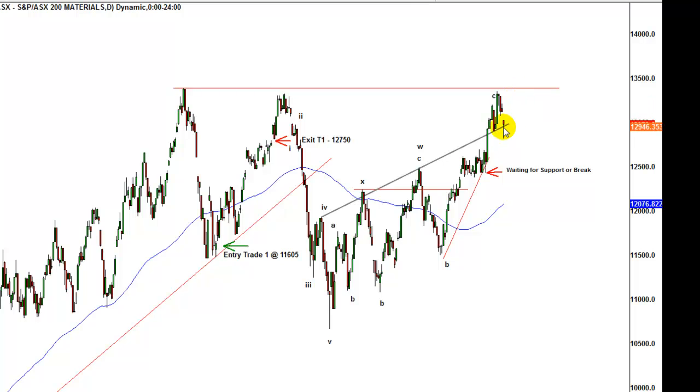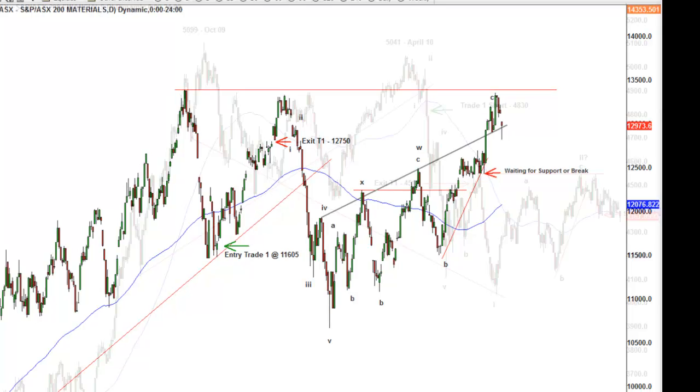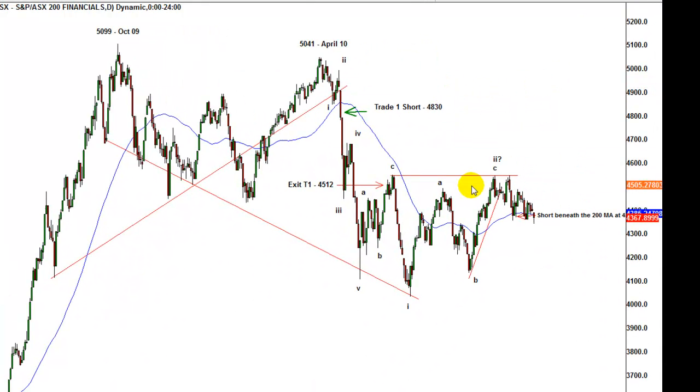So we'd be expecting to see some renewed activity here if the indices are going to climb higher. If not, it could just rally, that gap will be closed, and then we'll continue on in the bear. So again, jury out on materials until we get direction from the price market.